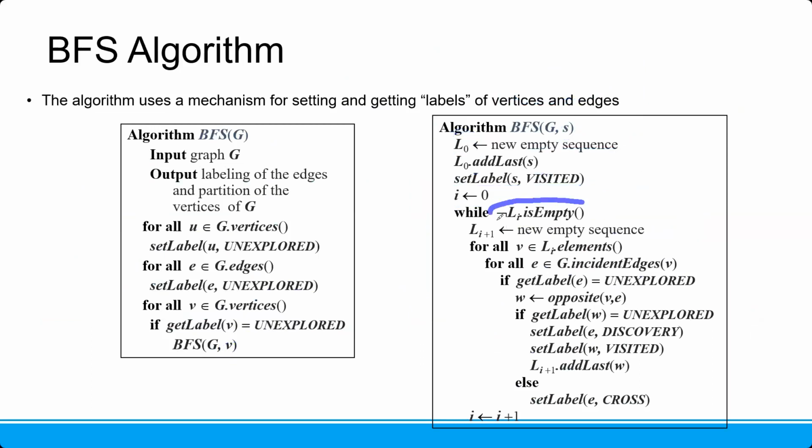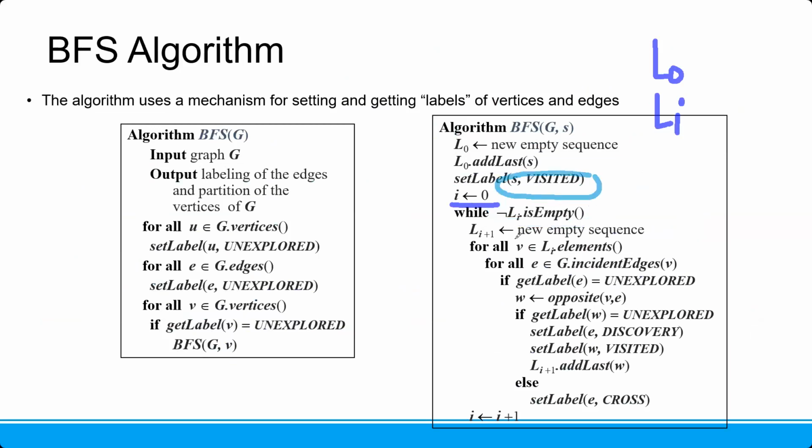Now we will check Li. Li means the list of index i, and it will run until i plus 1, i plus 2, until the end.